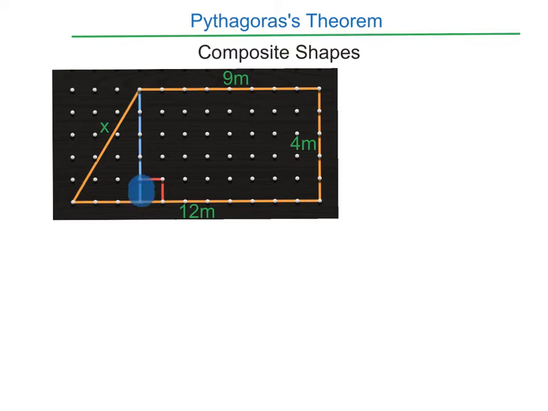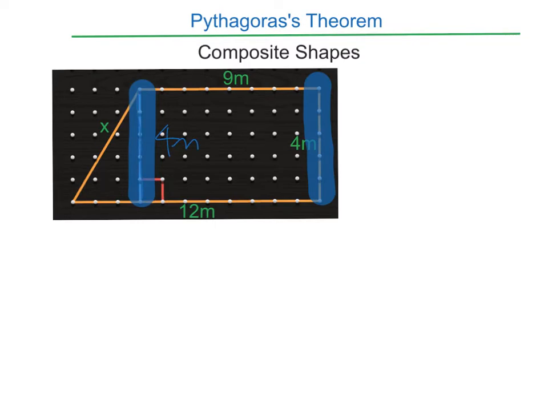This vertical side here is in the same direction as this vertical side here, 4. And because it's a rectangle, all the corners are 90 degrees. And what that means really is in effect that this 4 metres here will also be 4 metres here. So I can write 4 metres for this vertical side.